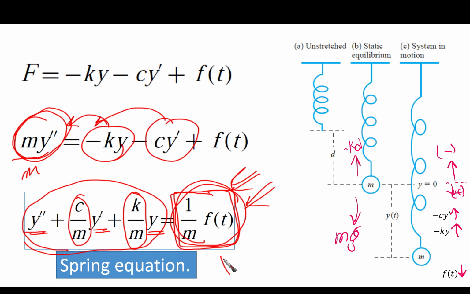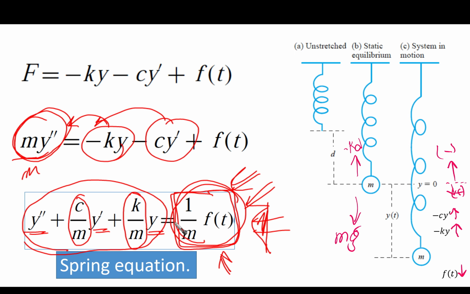So we have our differential equation. This is why the spring mass system is considered a very good application for what we have been studying for maybe over one month now.